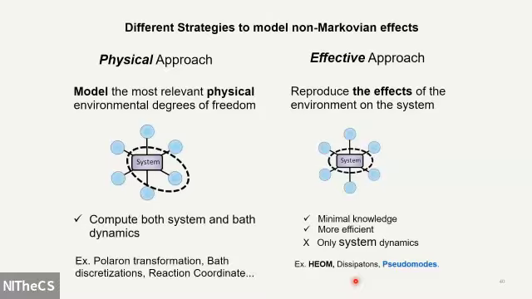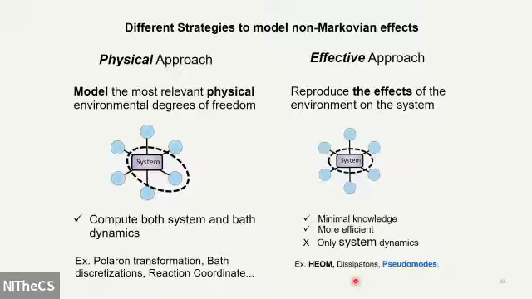I mean, with polaron transformations, generally you just end up with Redfield master equations anyway. Of course, they're more limited in terms of the approximations that are made. I'm just wondering, even within the examples you give for the effective approach, are HEOM and pseudomodes similarly costly?